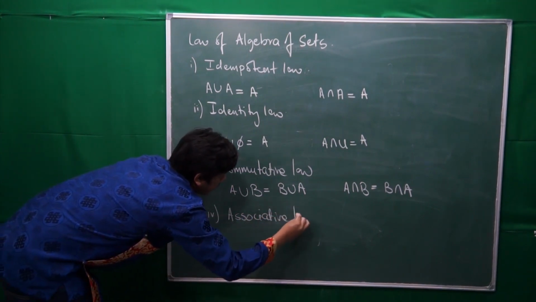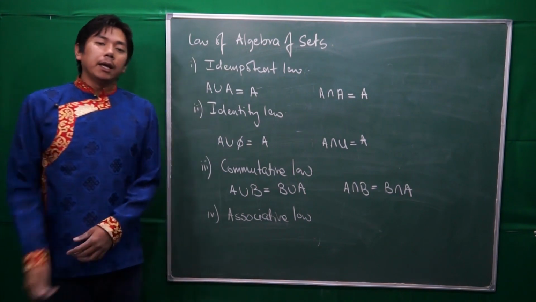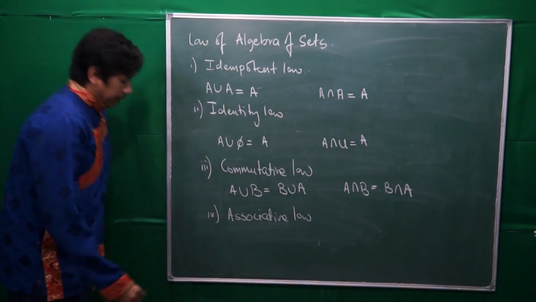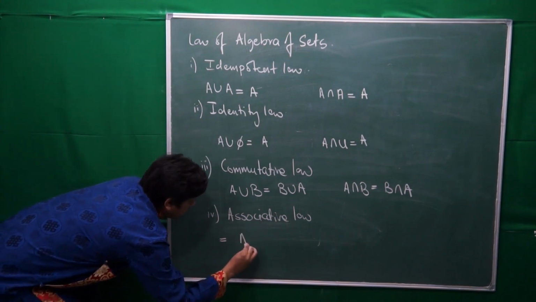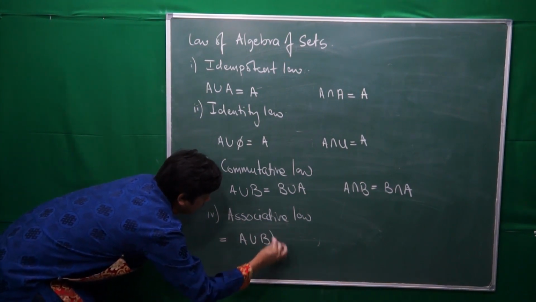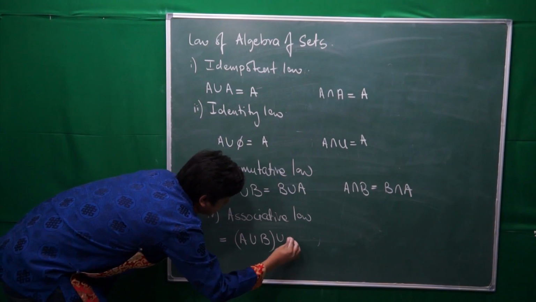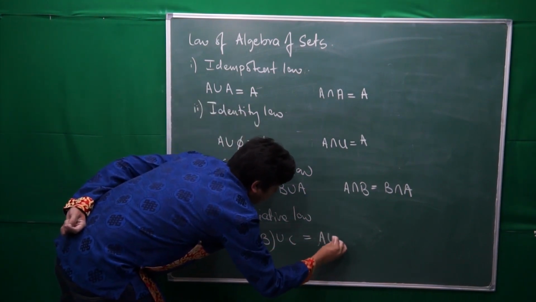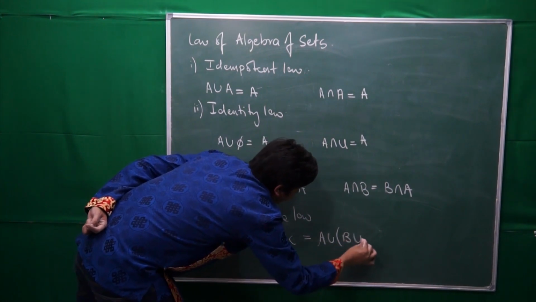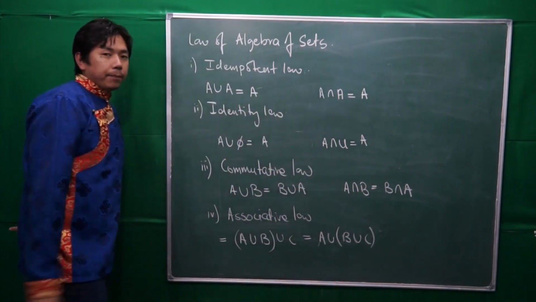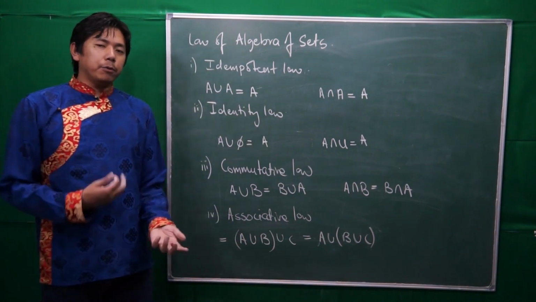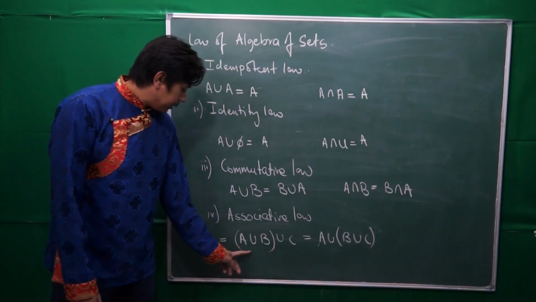Fourth, we have associative law. Okay, and this law, as the name suggests, it's about associating. So if we write A union B union C, so this can be written as A union B union C. Okay, so it is clear, as you know, the bracket. When the operation is done, we follow the bracket first.